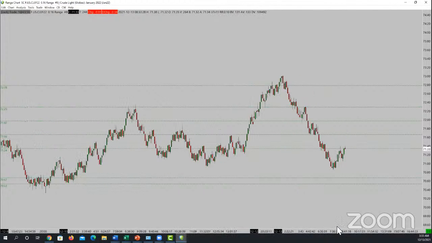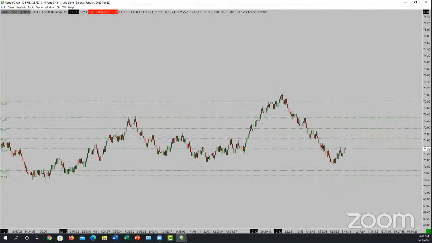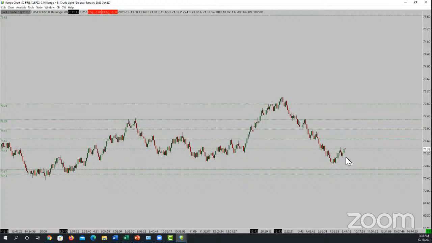Looking at crude oil, let's take a look. So crude oil is trending down right now, so just keep that in mind. Resistance is above. We're going to have 71.34, and then above that, it's going to be 71.66. I do anticipate maybe crude oil trying to pull down just a little bit deeper, a little bit of a zone here, 70.67 and 70.53.